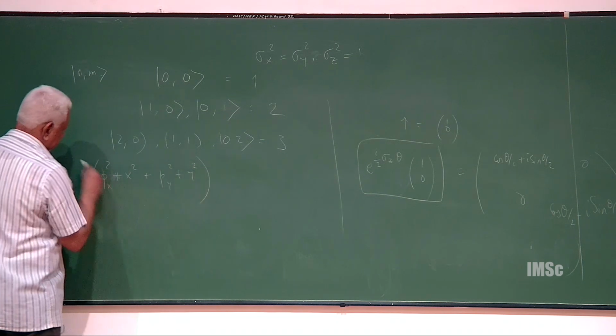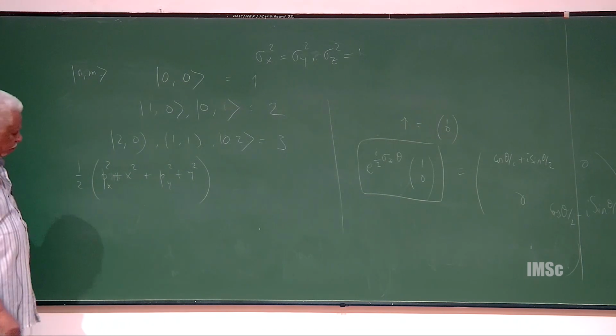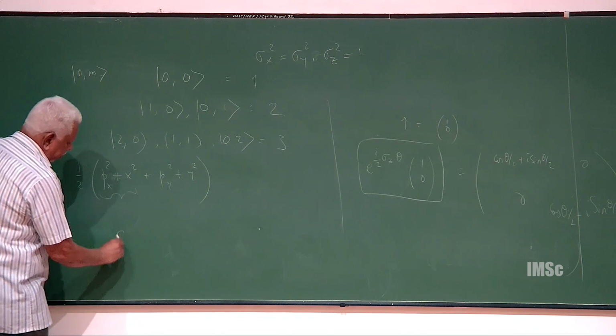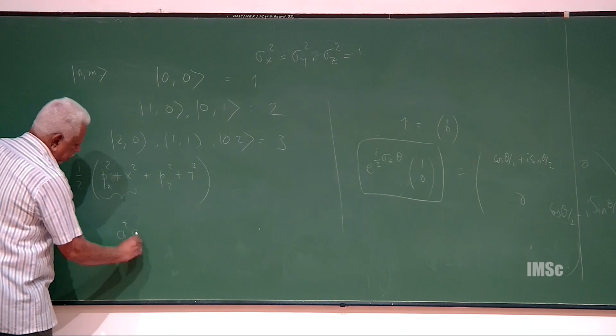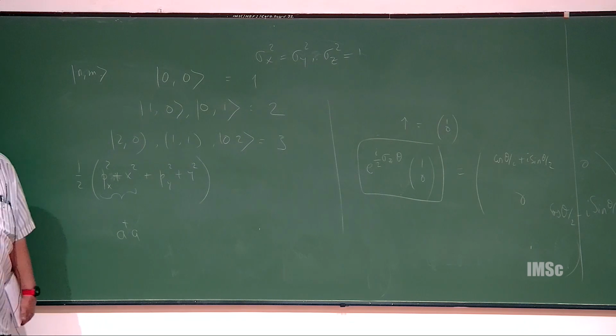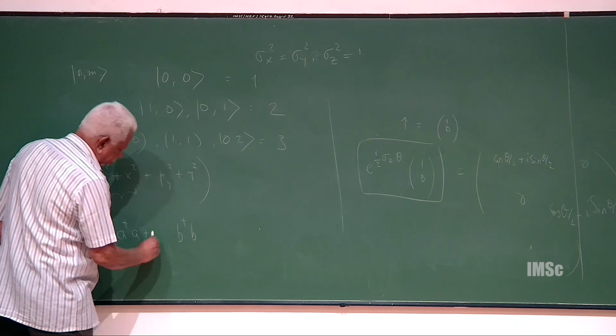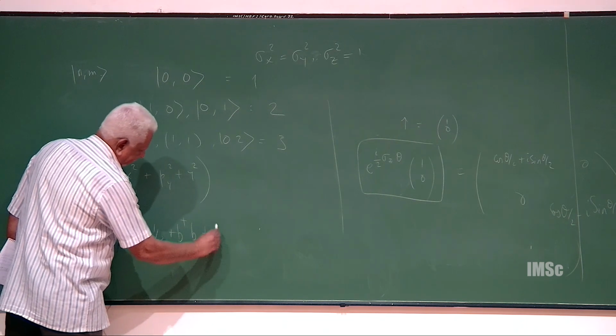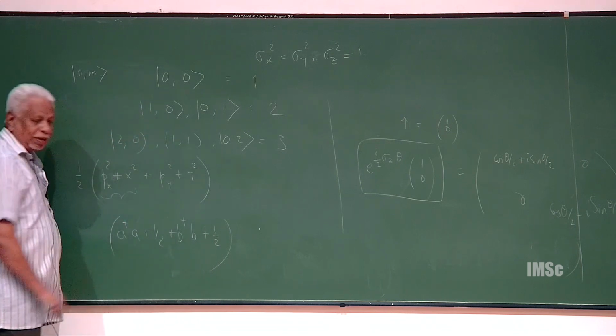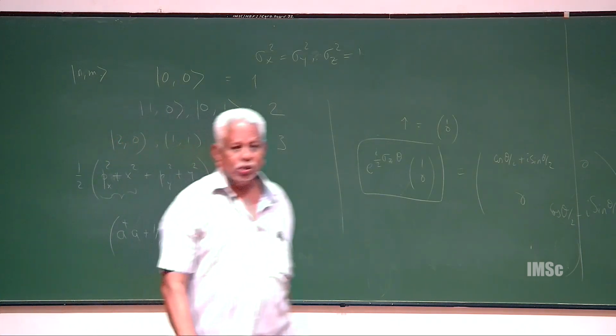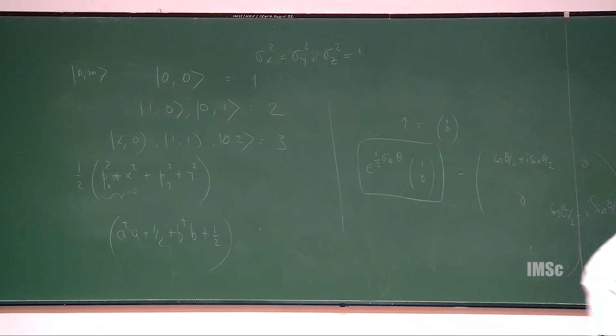I can have a creation operator A dagger and annihilation operator A for the first, and B dagger and B for the second. So you have two creation operators and two annihilation operators. What is the commutation relation? A, A dagger is equal to 1, B, B dagger is equal to 1.